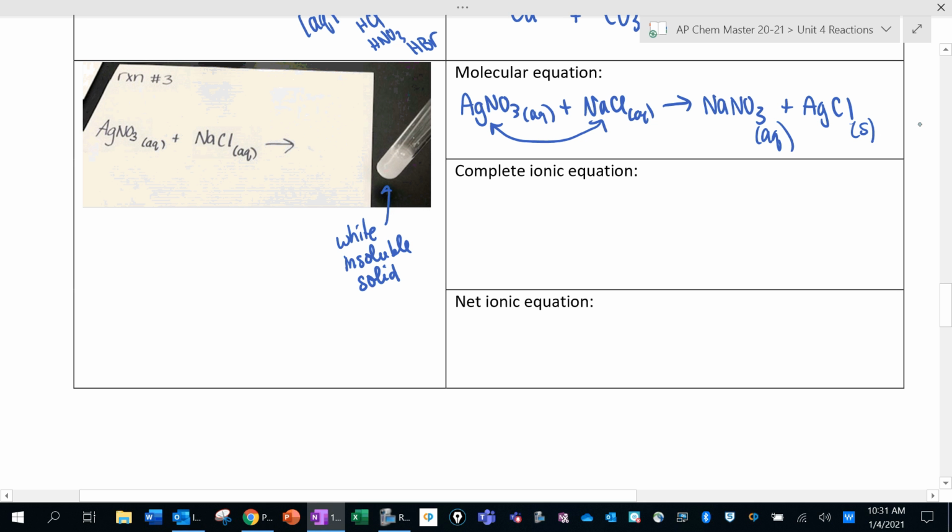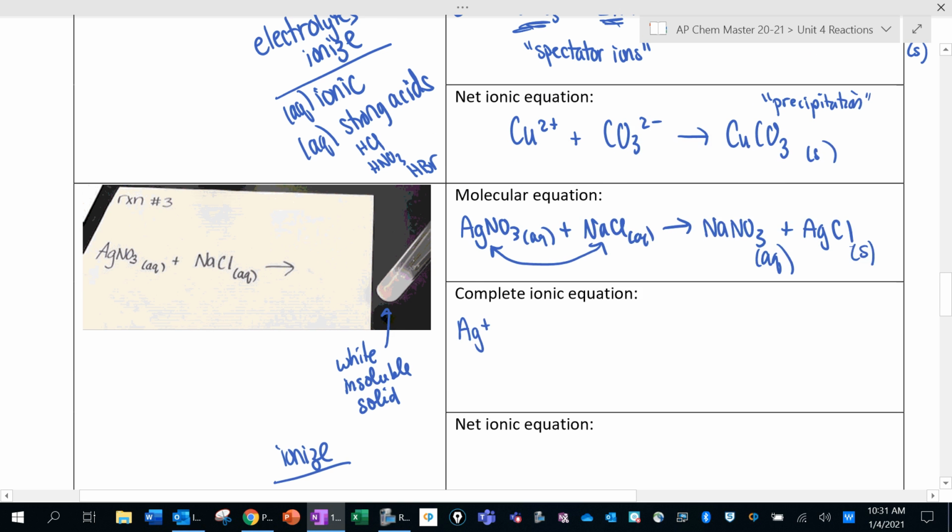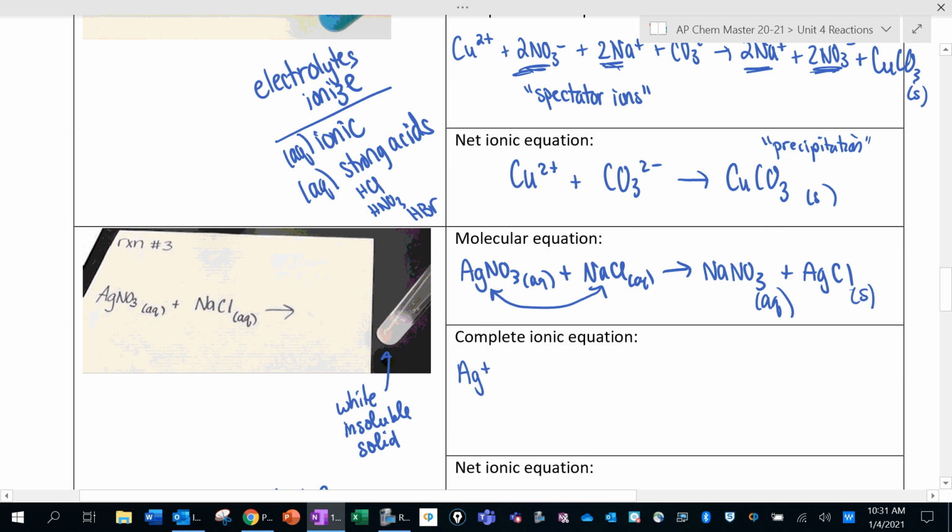So my complete ionic equation represents these as they exist in solution. So the things that will ionize, again, are my ionic compounds and strong acids. So aqueous ionic compounds and aqueous strong acids. So silver nitrate is an aqueous ionic compound. So it's actually going to exist as silver and nitrate ions separately when it's in solution.